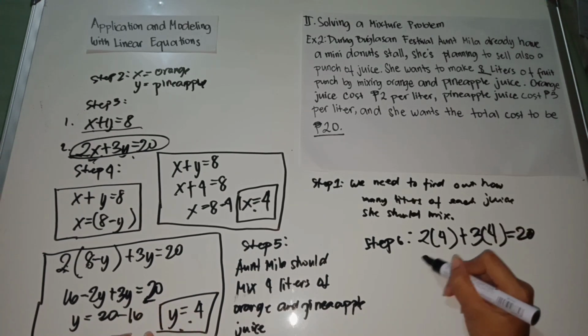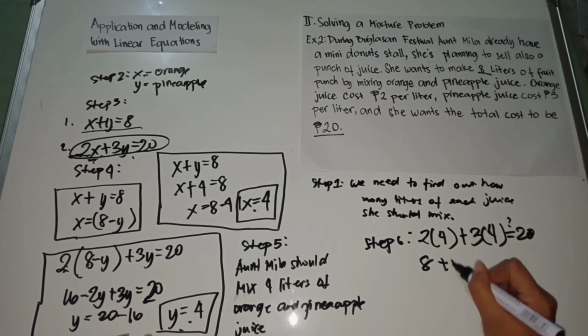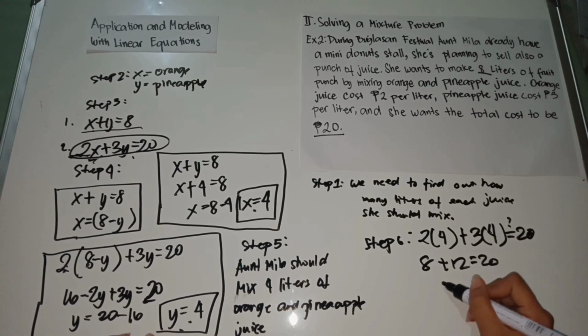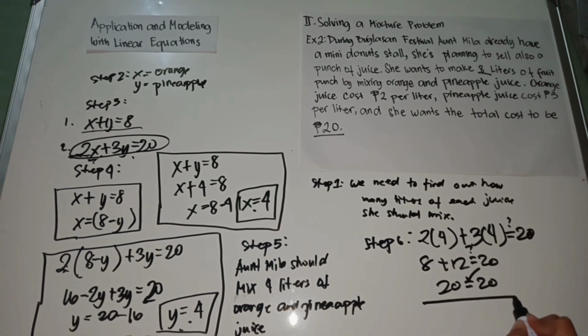So we have 8 plus 12 equals 20, and 20 is equal to 20. So, therefore, the total cost matches the requirements of the correct solution.